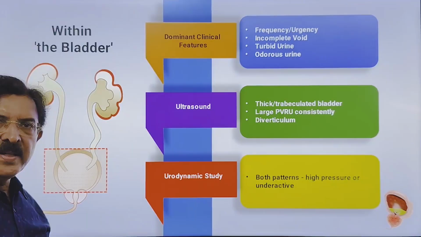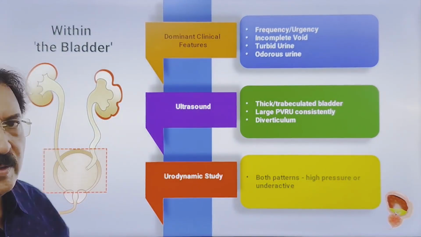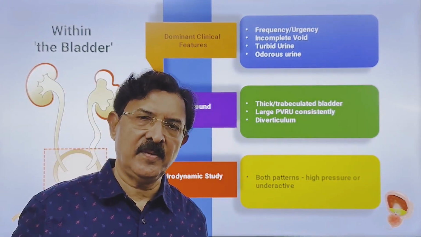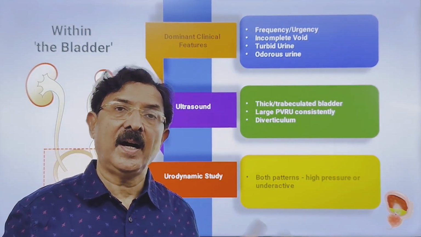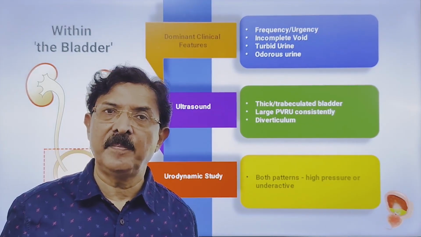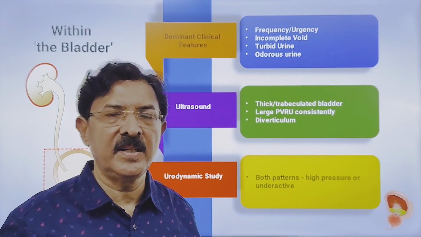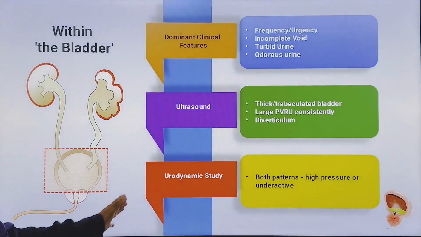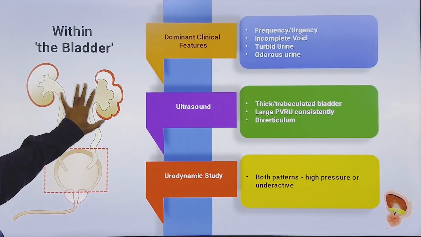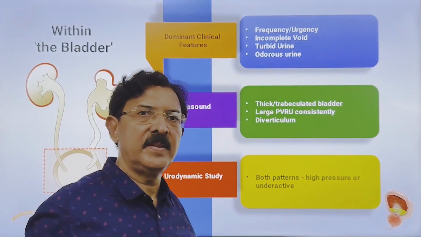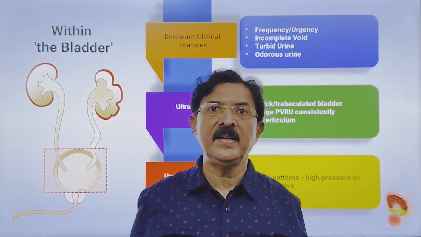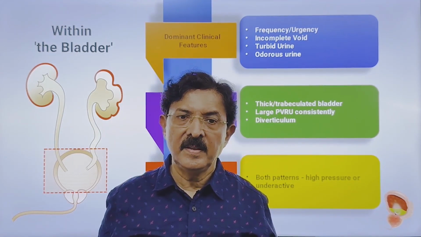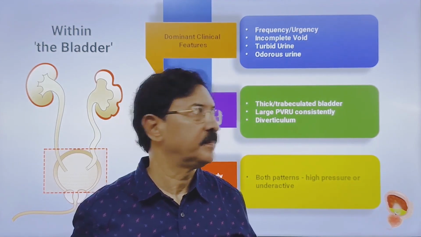If you do a urodynamic study of this patient, you may either demonstrate high pressure voiding or may even demonstrate underactive bladder. Both variants happen because both these things can result in significant post-void residual urinary volume. So that is how you can identify that there is a major problem with the urinary bladder as a site for bacterial hideout.